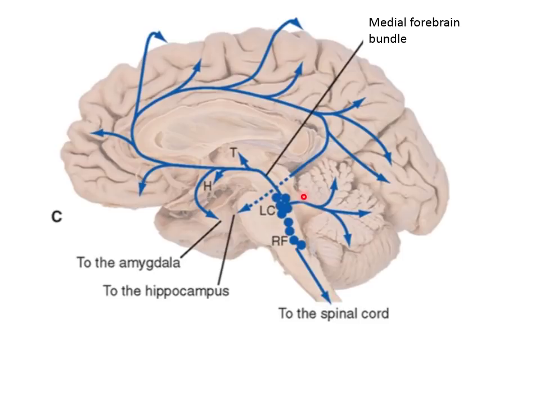The input from the locus ceruleus to the rest of the brain, a good deal of it, is carried through the medial forebrain bundle.